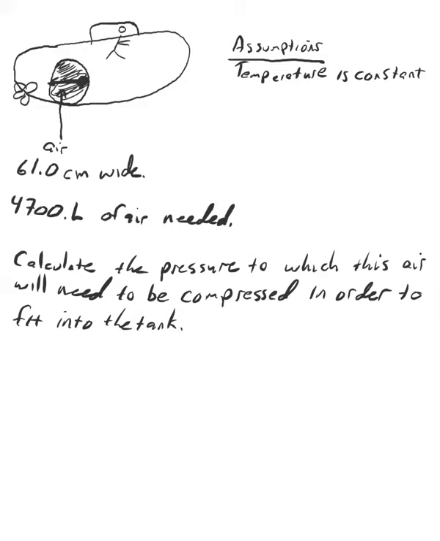The second thing is not obvious, but when you think about it, it becomes obvious, which is in the submarine, the pressure of the air is going to be 1 atmosphere. Because when you breathe air, it should be at 1 atmosphere.